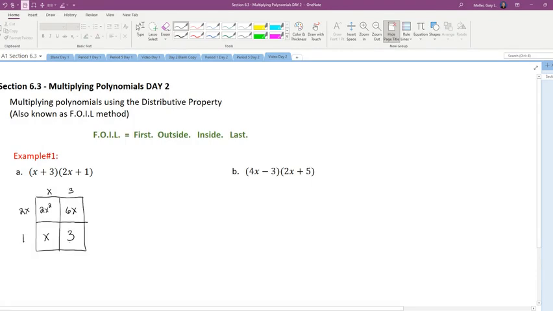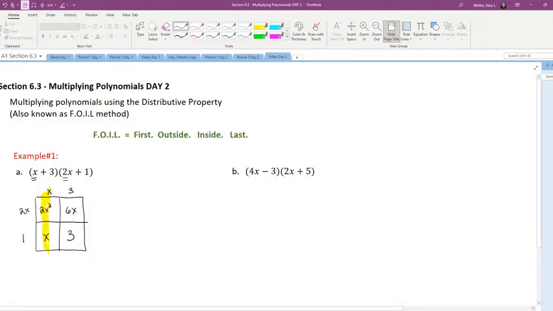All right. So here's what I want you to notice. I want you to look down this column here. And let's look at the math we just did. We took the x value, which happens to be this term right here, or this piece of that one. And what did we do? We multiplied it by 2x, right? We did x times 2x to get 2x squared. And then what did we do?